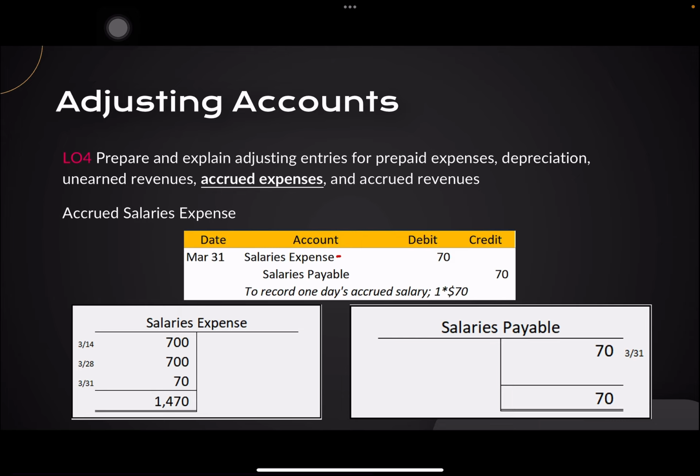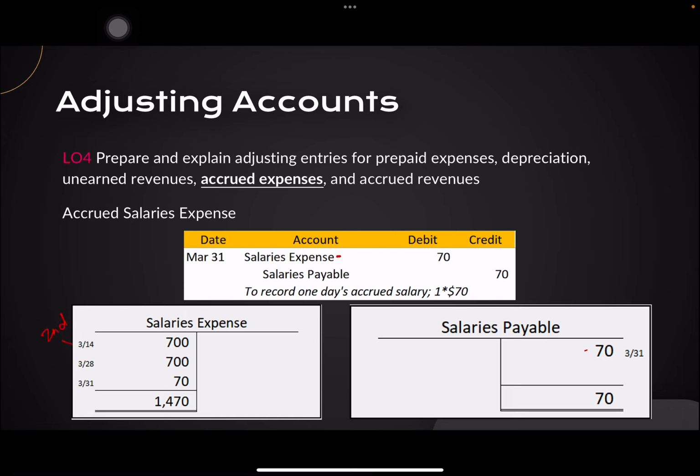Okay? And this incurred expense but not yet paid will be updated as part of your salaries payable. Okay? As you can see on the salaries expense T account, you have here salaries expense that you've already paid, which is the second Friday.